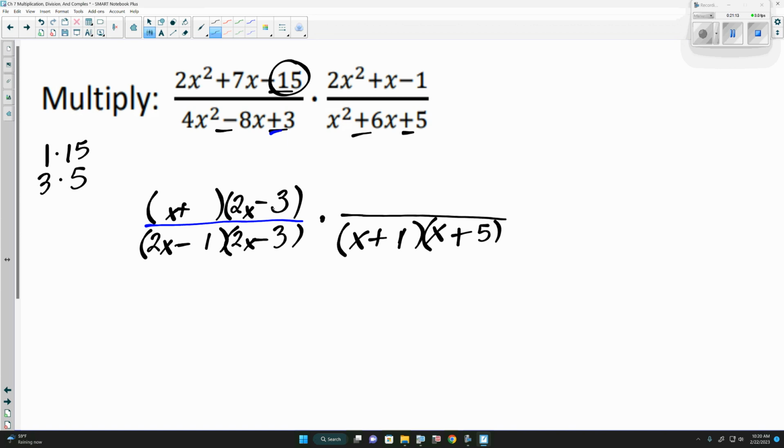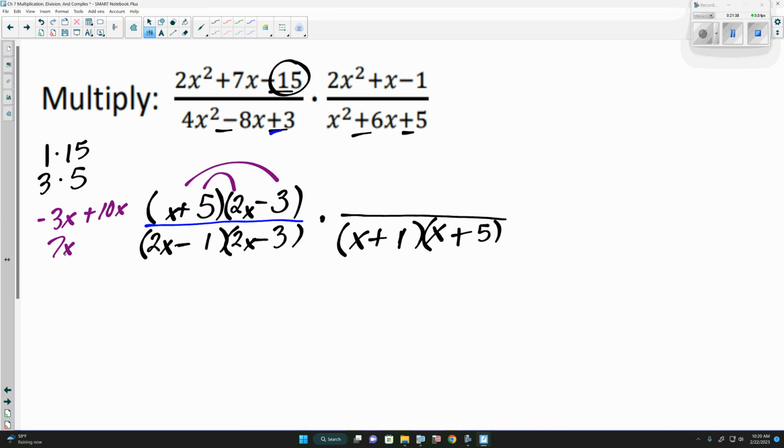Yeah. So that would help. 5 over here. Now again, we can check to make sure that this is correct. X times negative 3 is negative 3x. Positive 5 times positive 2x is plus 10x. And this here will give us a positive 7x. Is that the middle term we wanted?